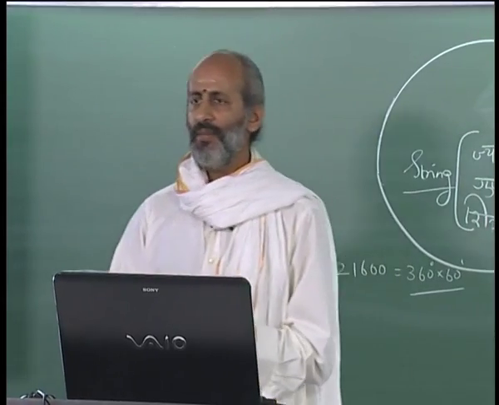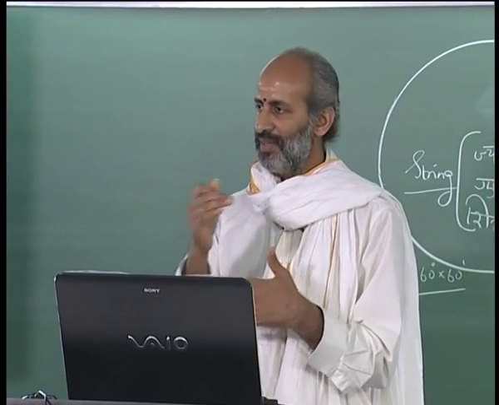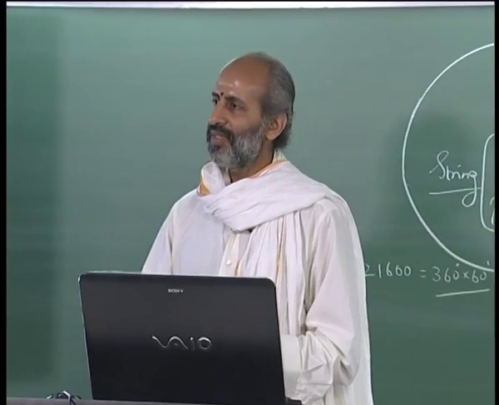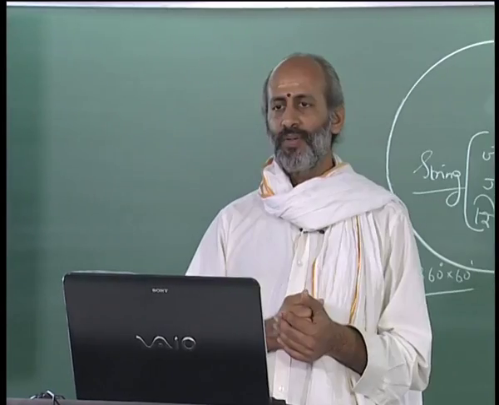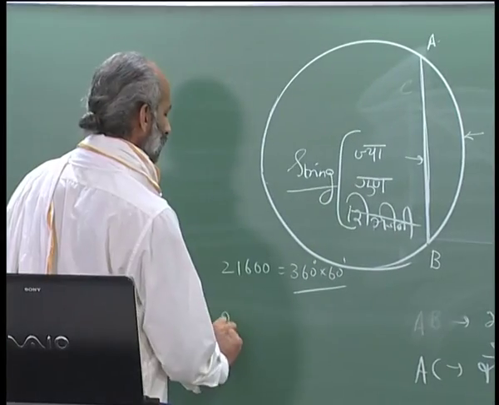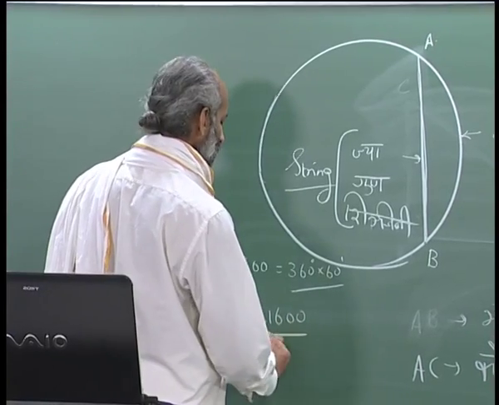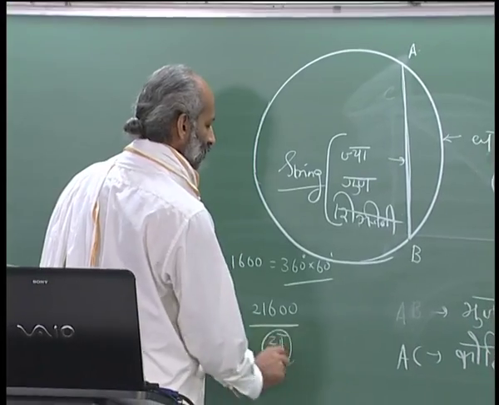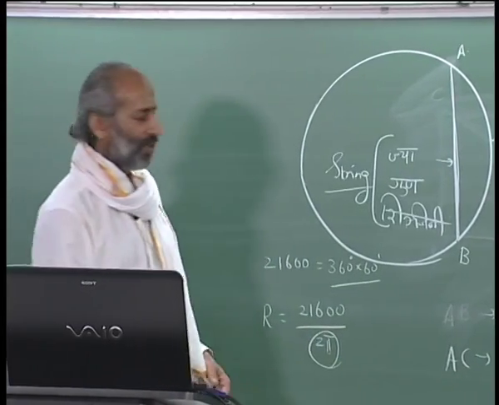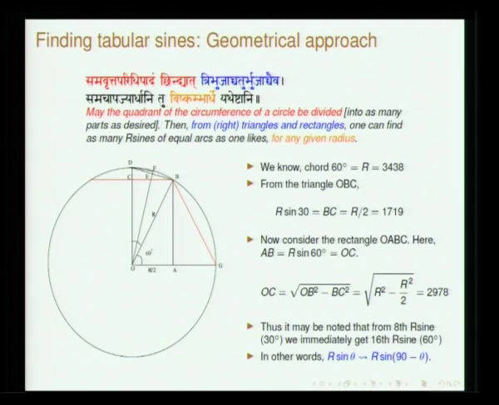Now that Aryabhata in his verse Chaturadhikam Shatamashtagunam has given the ratio of the circumference to the diameter, which is essentially pi, once you know that, you know what the radius is. Radius is 21,600 by 2 pi. This was stated by Aryabhata, and this will be very close to 3438. In fact, Bhaskara gives all these values.